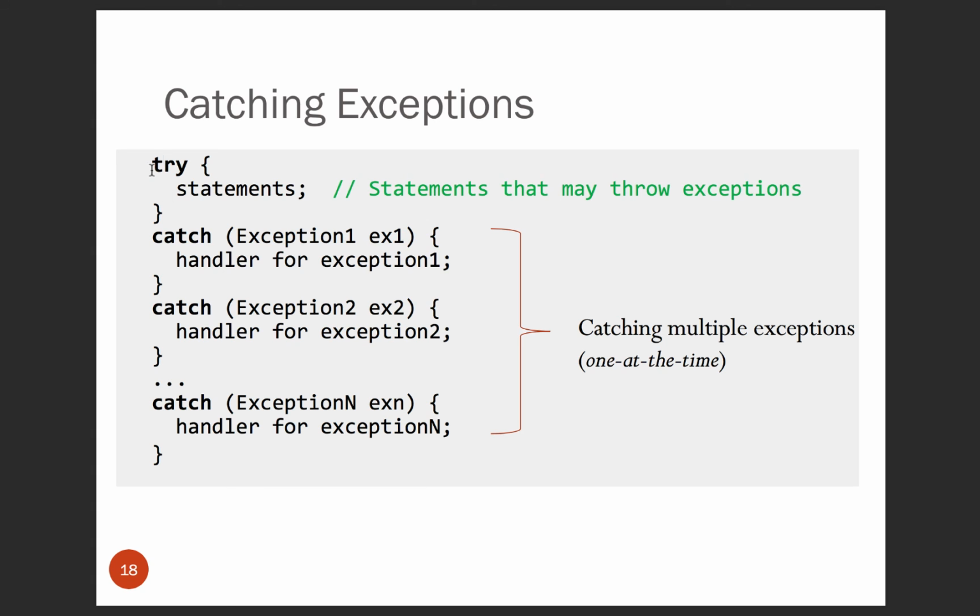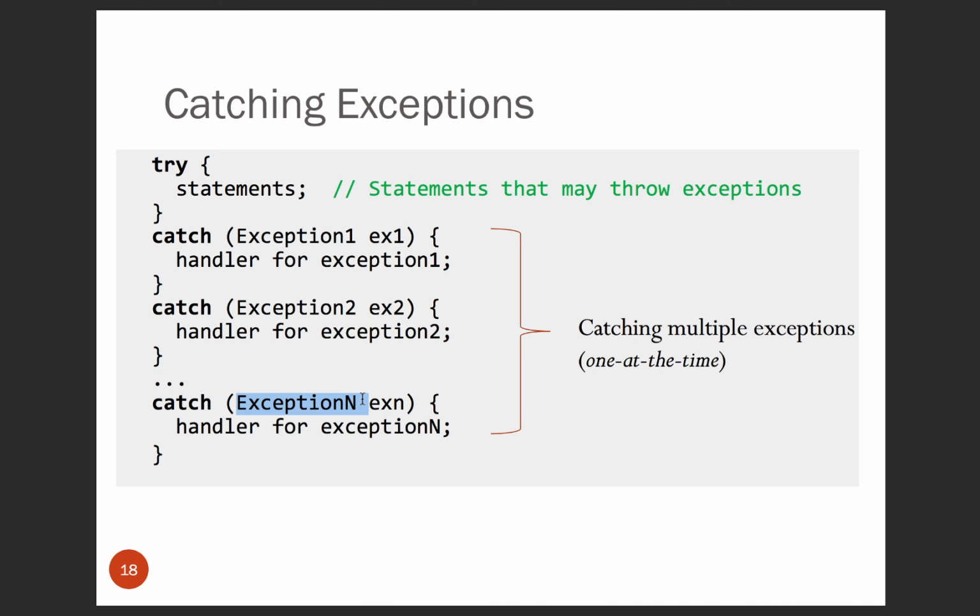We have seen the try and catch block. A try can be followed by several catch blocks. You can see that this is one catch block, this is the second block, and this is the third block. Each catch block probably handles a different type of exception. Probably this handles arithmetic exceptions, this handles null pointer exceptions, this handles input mismatch exceptions, and so on.